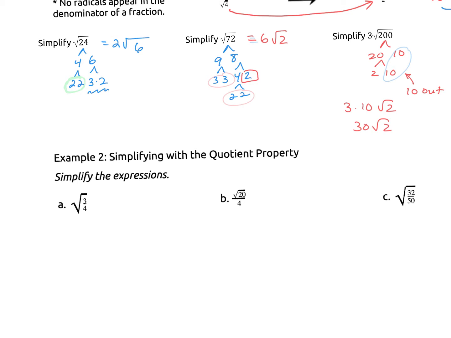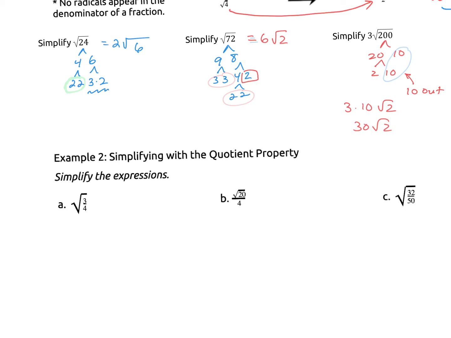For every 2 things that you have going on in the problem, you can take 1 out. So 3 comes out, 2 comes out, that means that 6 comes out. And the extra 2 that you have is stuck.